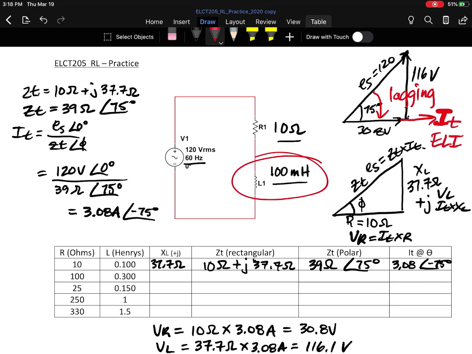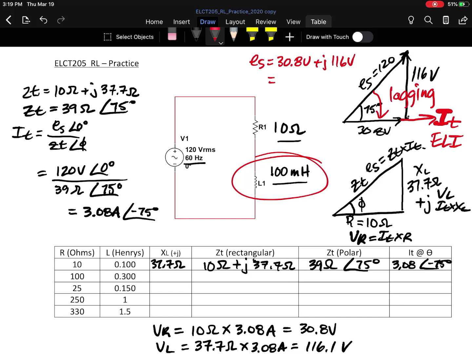Now, if you were to put your rectangular value for your voltage here as E source equals 30.8 volts plus j116 volts, go ahead and do a rectangular to polar conversion on that.